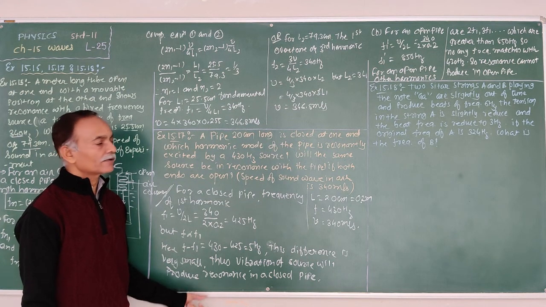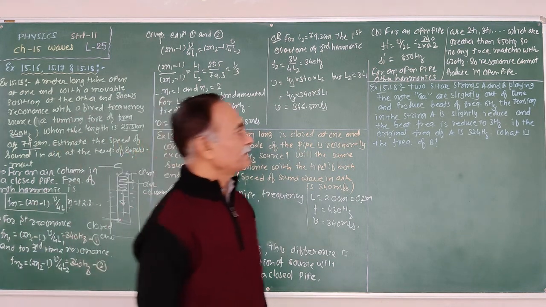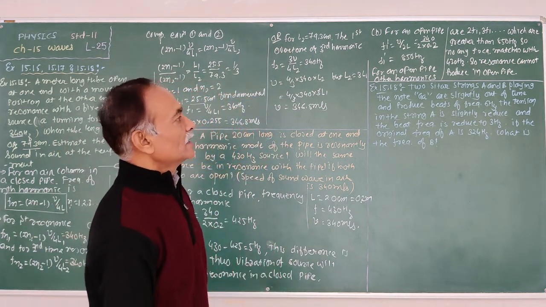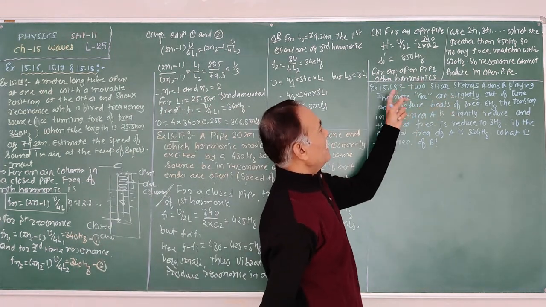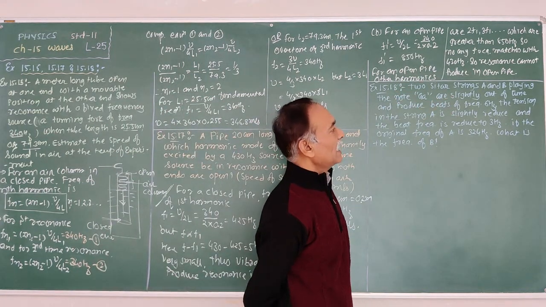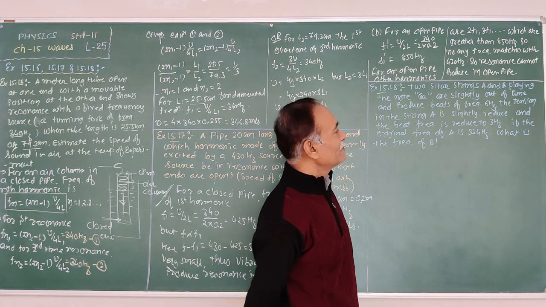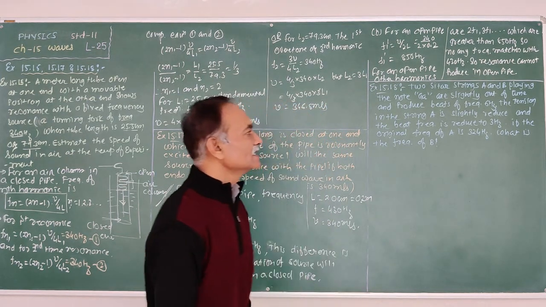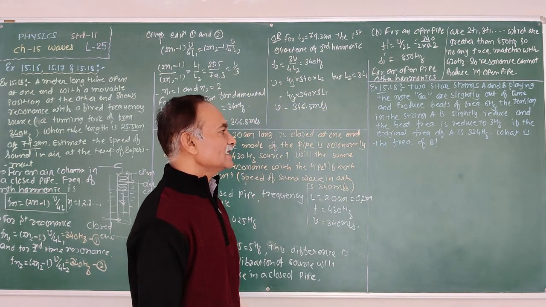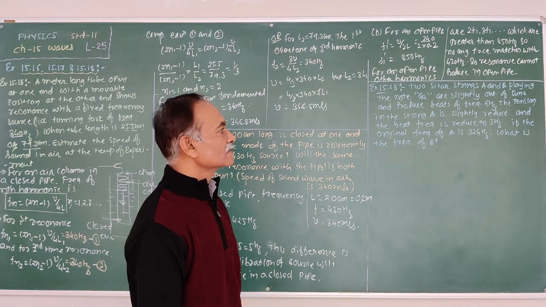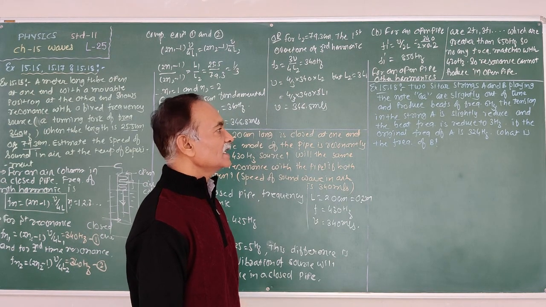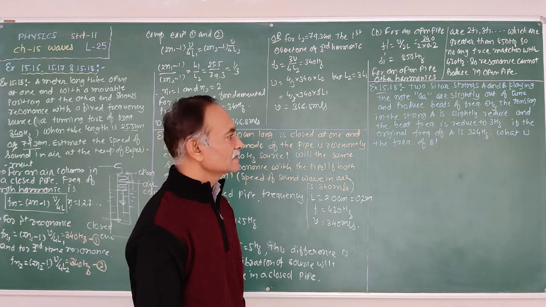Clear this? Okay. Now next, 15.18. The two sitar strings A and B playing the note Ga are slightly out of tune and produce beats of frequency 6 Hz. The tension in string A is reduced and the beat frequency is reduced to 3 Hz.